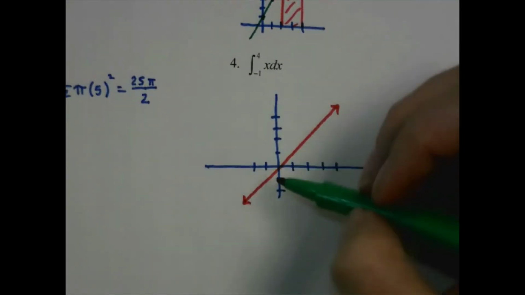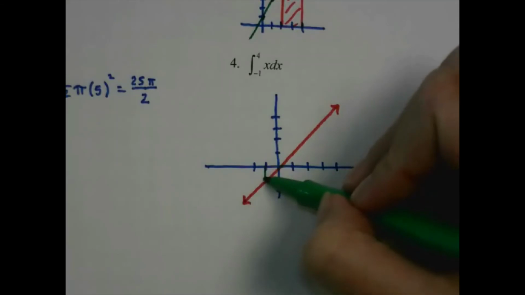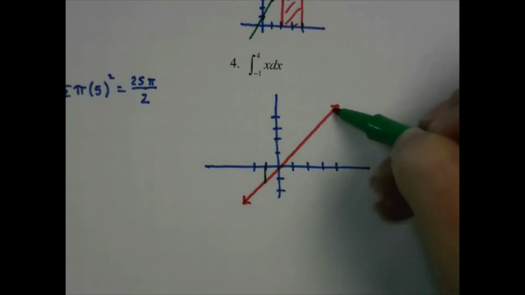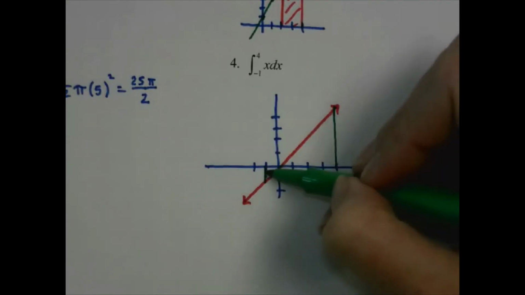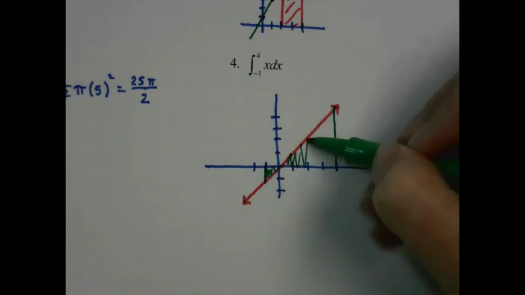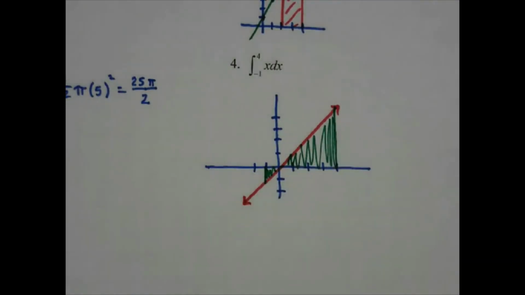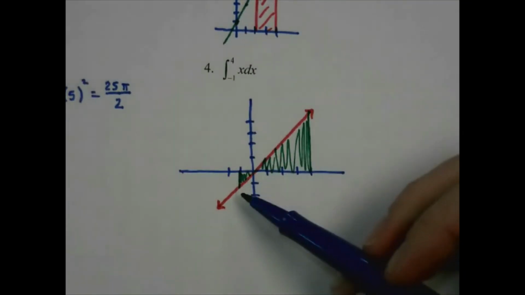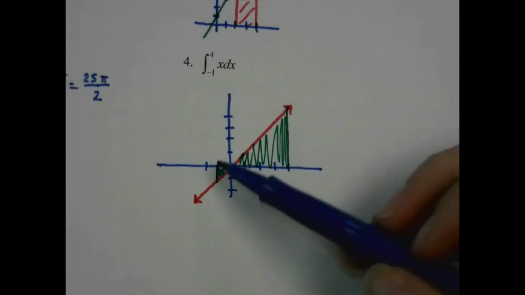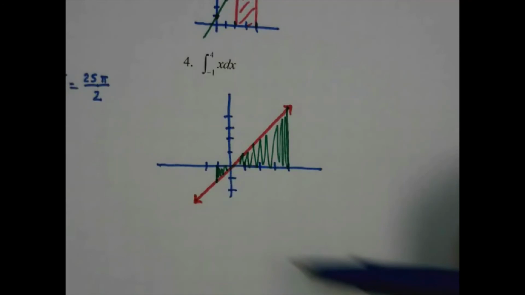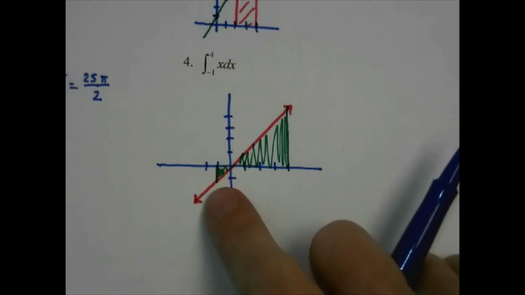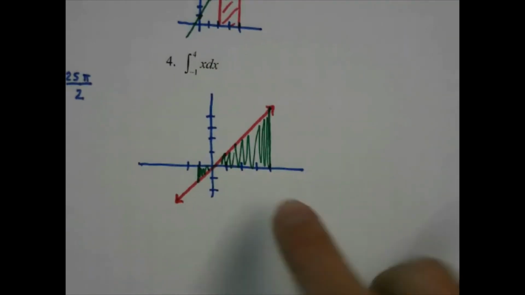This one, we're looking from -1 to +4. So it's this, and it's this. So we have two triangles here, but one of these triangles is below the x-axis. And if you're doing an integral, if it's under the x-axis, this area is going to be negative, this area is going to be positive.